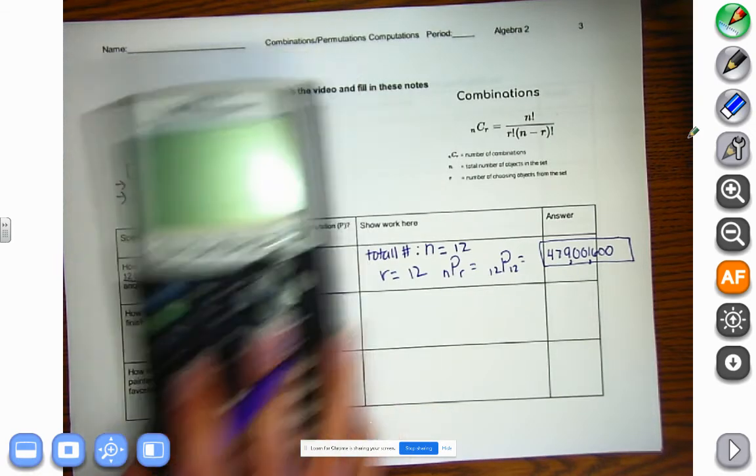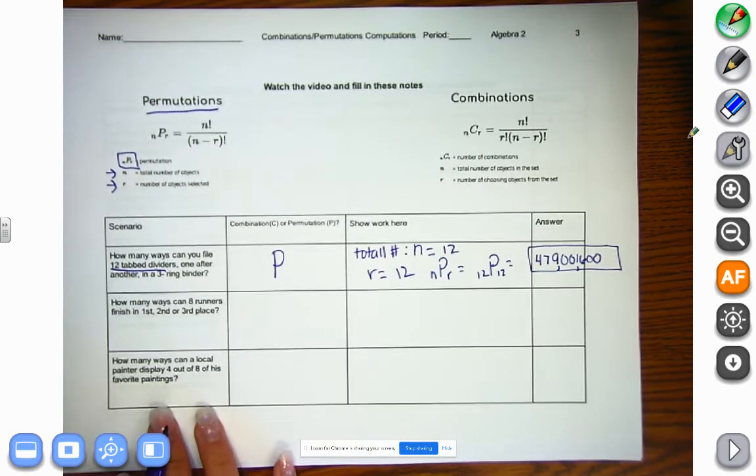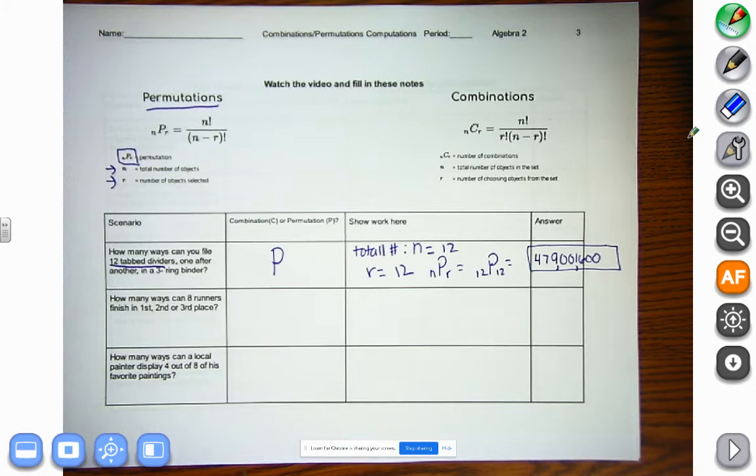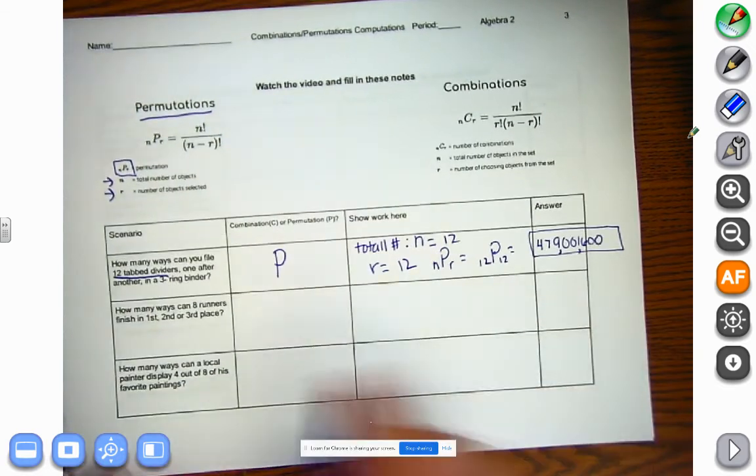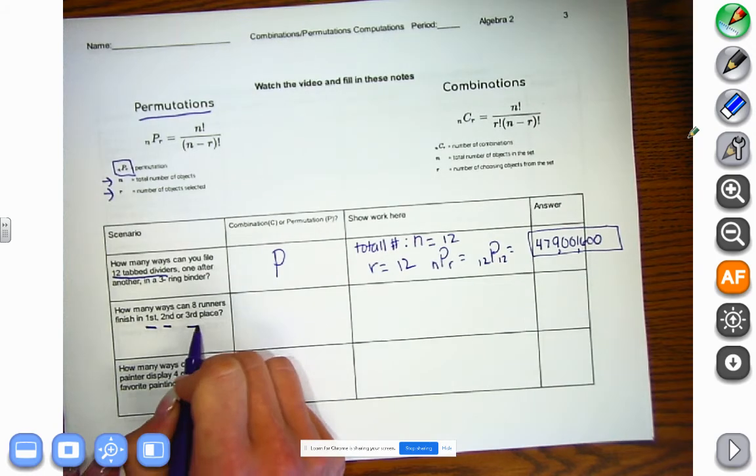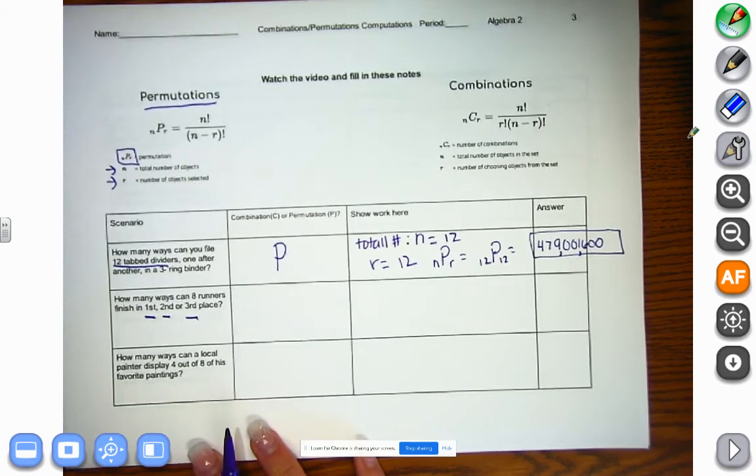Now I'm going to place my calculator over to the side for a minute, and we're going to do another example of a permutation. How many ways can 8 runners finish in first, second, or third place? In this problem, this is a permutation because we have our keywords first, second, or third place.